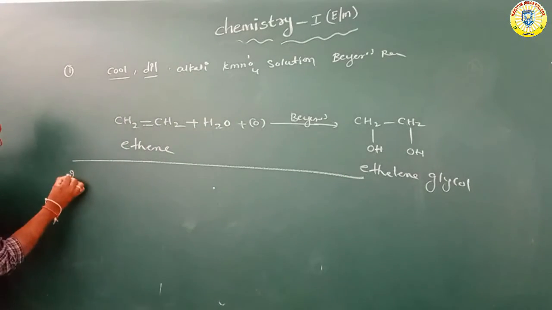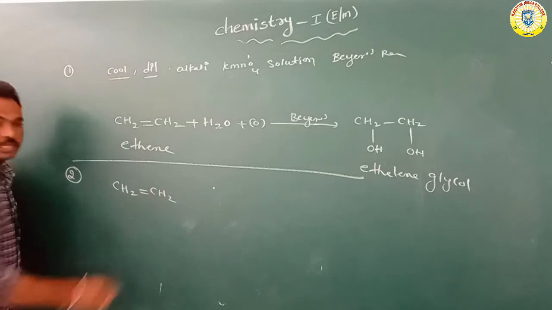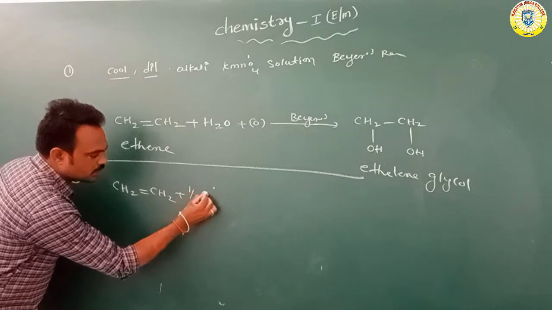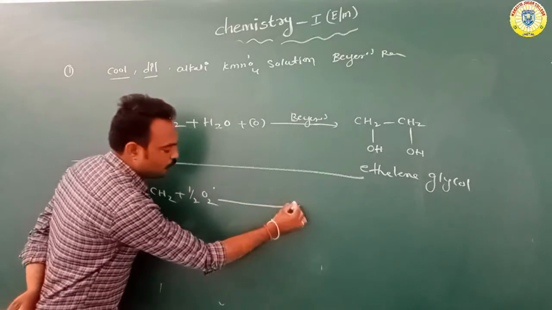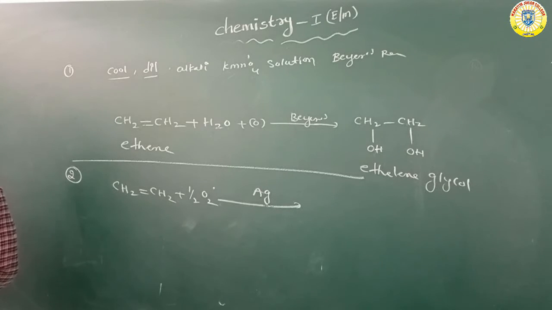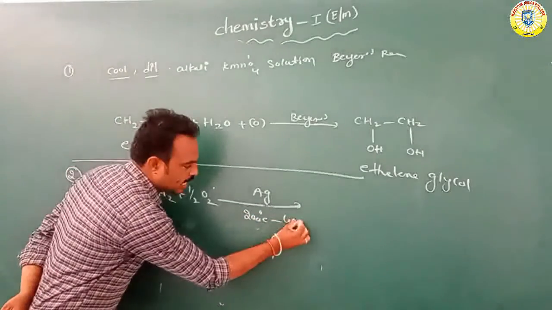Suppose we have taken CH2 double bond CH2, which means ethylene or ethene. It reacts with oxygen O2 in the presence of silver. We give some temperature, 200 degrees centigrade to 400 degrees centigrade.